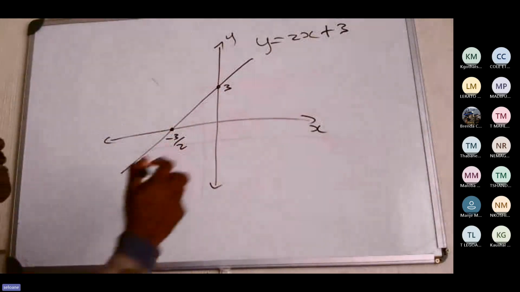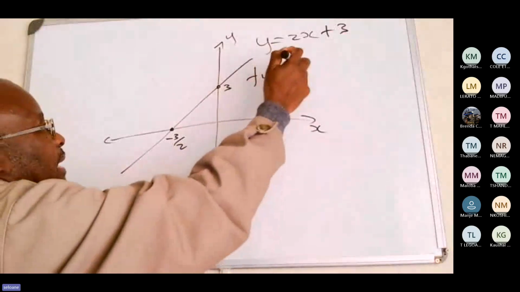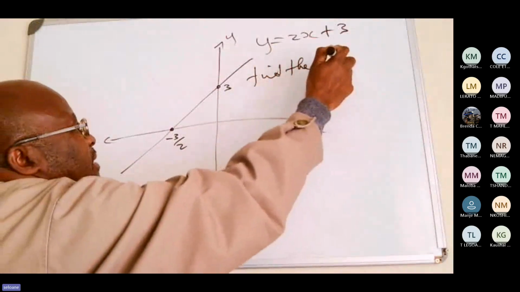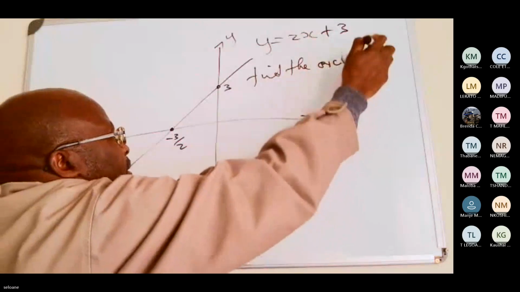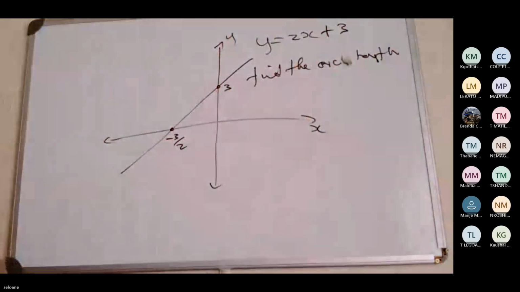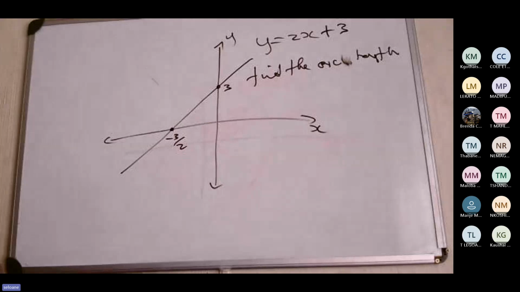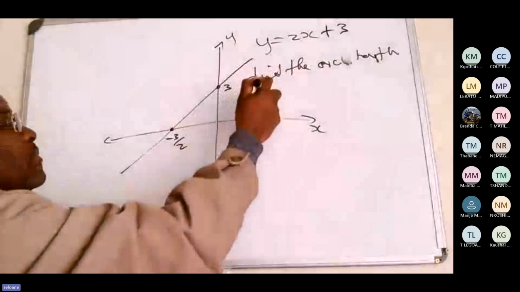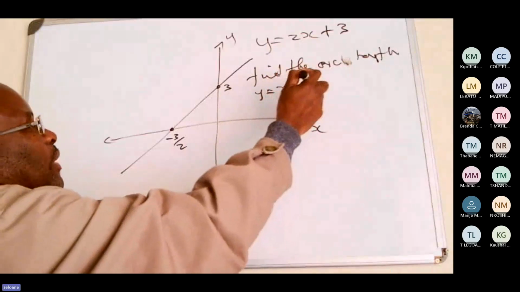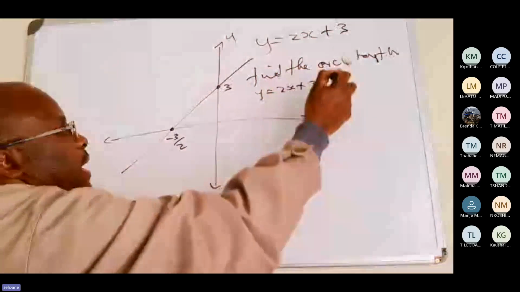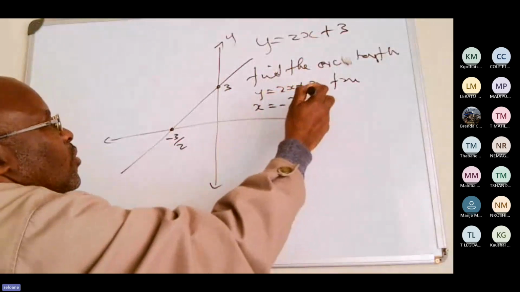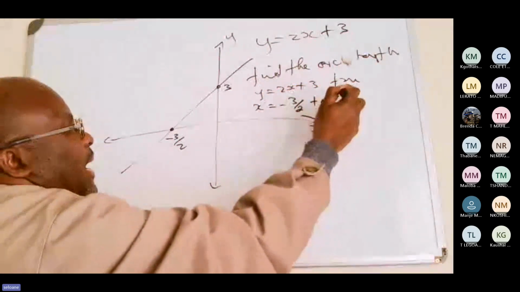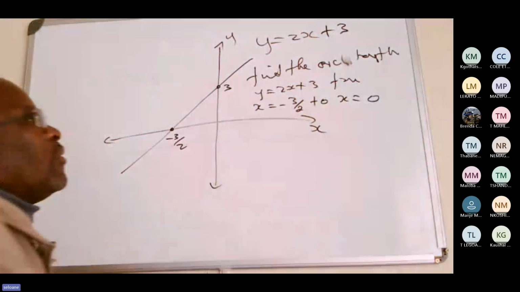And the question is, find the arc length. Find the arc length of 2x plus 3, from where x is equal to minus 3 over 2 to where x is equal to 0.